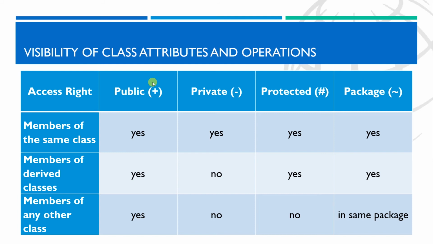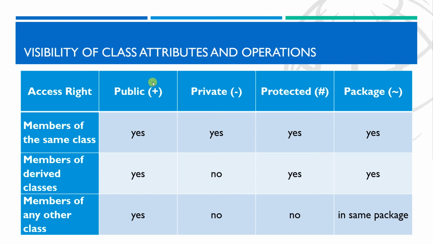When we use one of these symbols in different situations, for example, members of the same class, or members of the derived class, or members in any other class, we have different access rights for every one of these types of symbols.